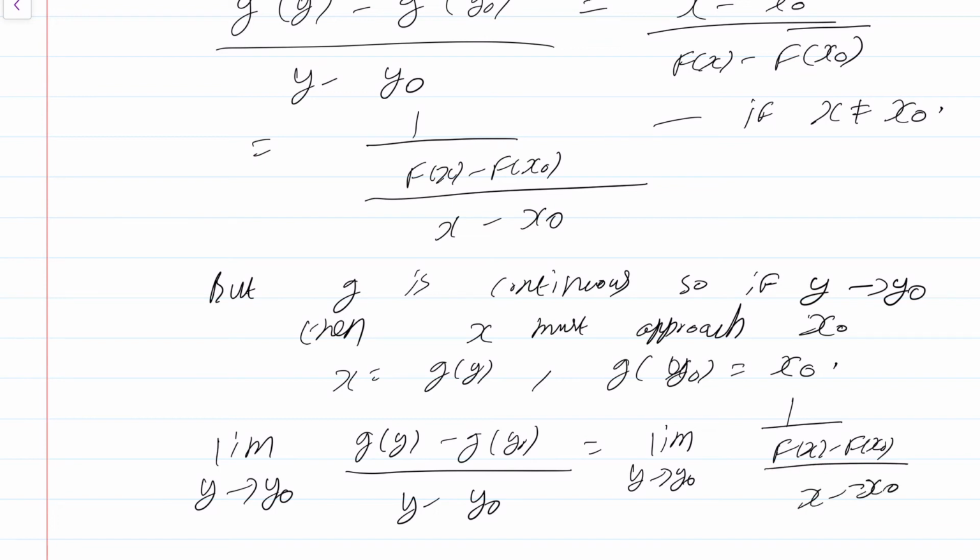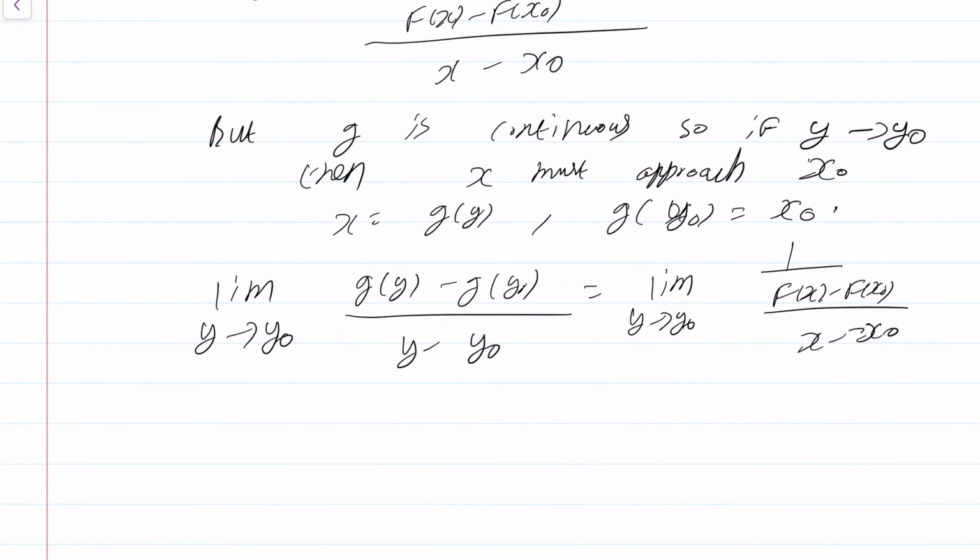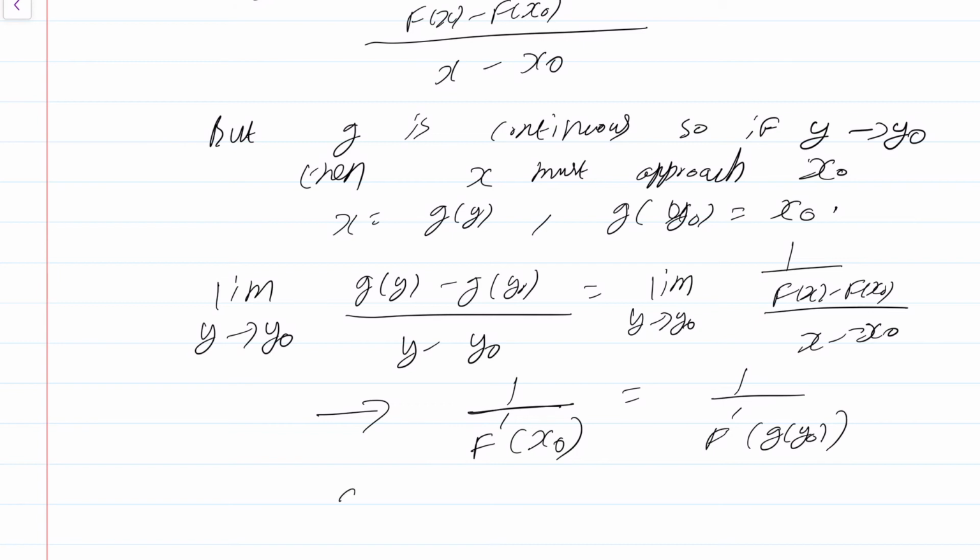From the remark I just made, as y goes to y naught, x goes to x naught, so this quantity inside just approaches 1 by f prime of x naught, which is just 1 by f prime of g of y naught, as required.